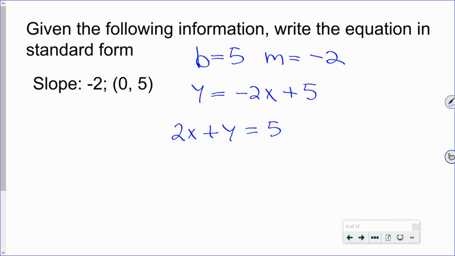Regardless of whether I use point-slope form or slope-intercept form, I will still be able to convert it to the standard form you see in front of me. So that helps to introduce us to be able to write, and tomorrow we'll look at a little more about interpreting the standard form of a linear equation.